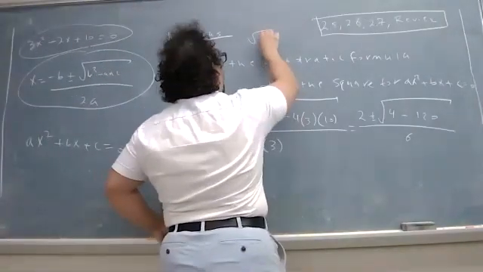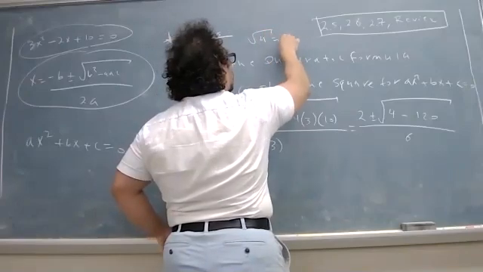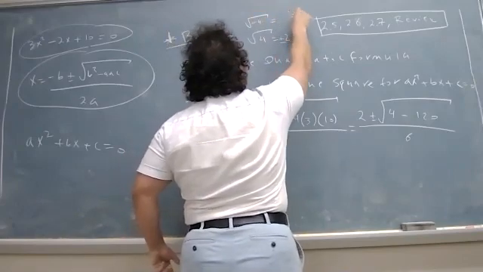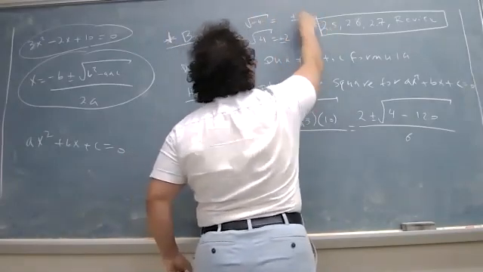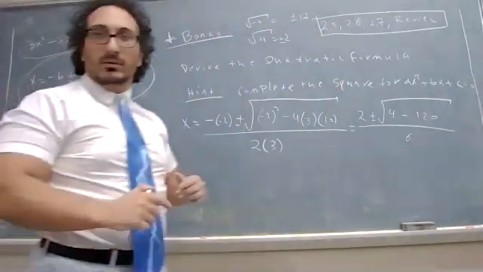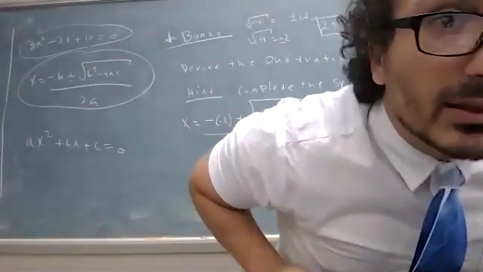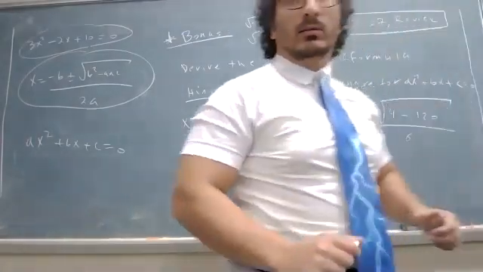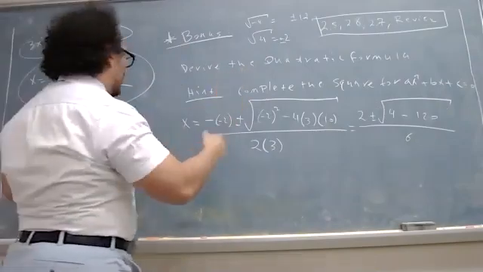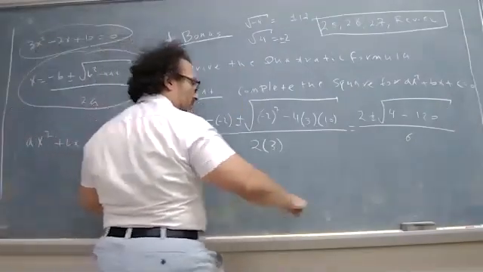So what's the square root of 4? It's plus or minus 2. What's the square root of negative 4? It's just plus or minus 2, but all you got to do is now just put an i there. It's not that hard. It's not a big deal. I hated doing this. Even though we get a negative number, it's not that big of a deal.